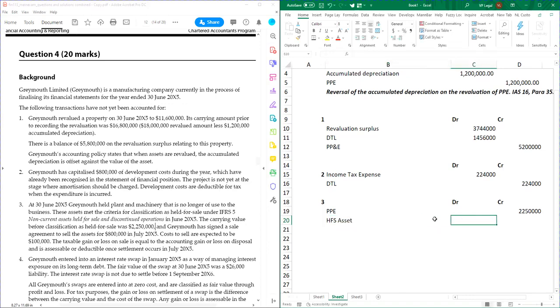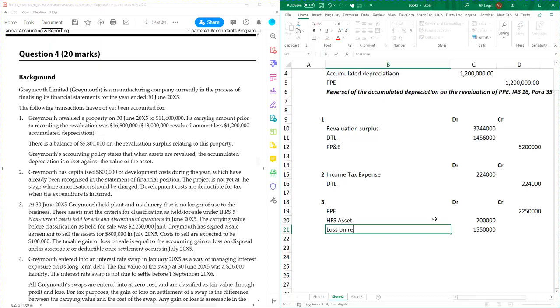So if you remember a second ago, we just worked out that this would be 700,000 because it's the lower of the carrying value and the fair value less cost to sell, so it's $700,000. Which means that the loss on this, the difference, loss or gain, is going to be that minus that, which is equal to 1.55 million. And because it's a debit, it's going to be a loss on reclassification of HFS expense. That's pretty much all you need.